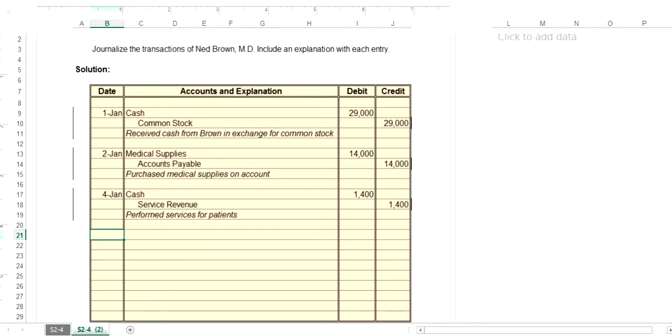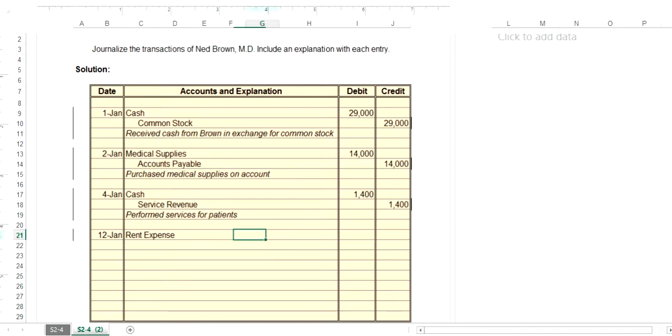The next transaction happened on January 12th. We paid monthly office rent of $2,600. Okay, so now we have a type of account we haven't used before. We have an expense account. We're going to debit rent expense. An expense occurs because you use up an asset.